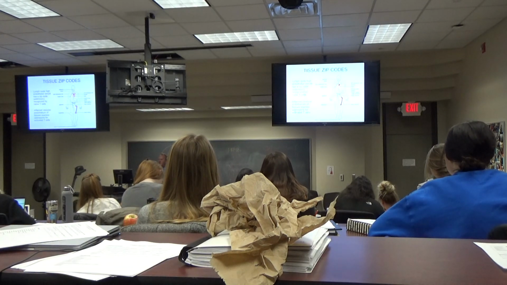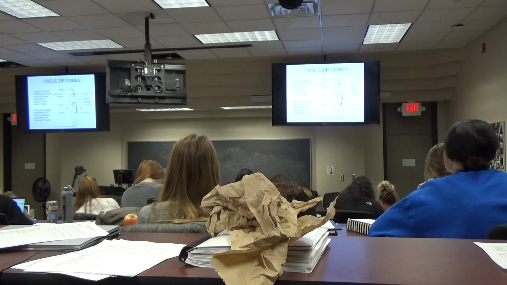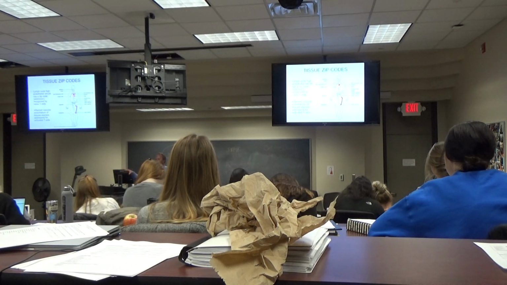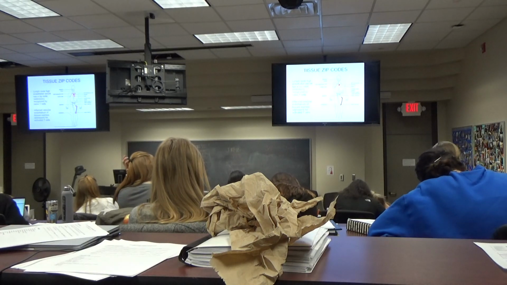There are different zip codes or addressings on that vascular endothelium than there are on that high endothelial venule endothelial cells in the lymph node. And so the naive T cells recognize the ones in the lymph node. The activated T cells recognize the ones out in the periphery where the infection is taking place. And you keep the cells going to the right place.